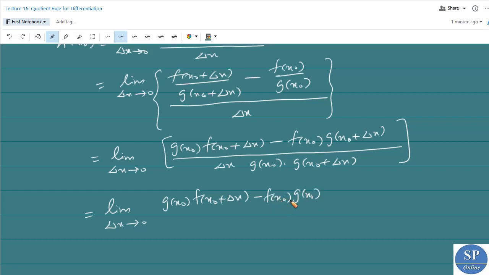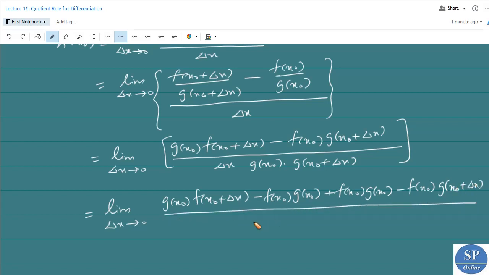So we just subtracted this with f of x naught into g of x naught, so to compensate this we have to add f of x naught g of x naught, minus here we have f of x naught into g of x naught plus delta x. So this is divided by delta x into g of x naught into g of x naught plus delta x.